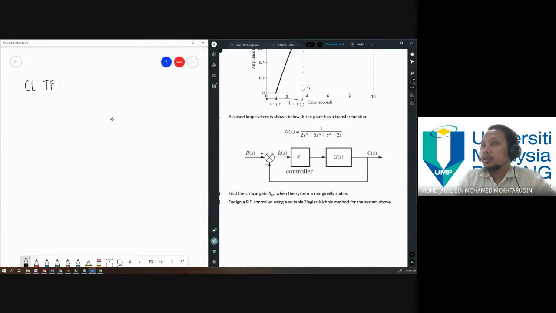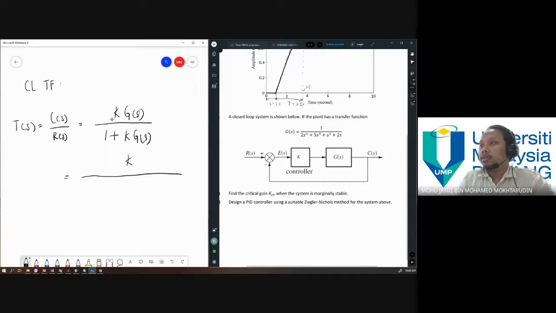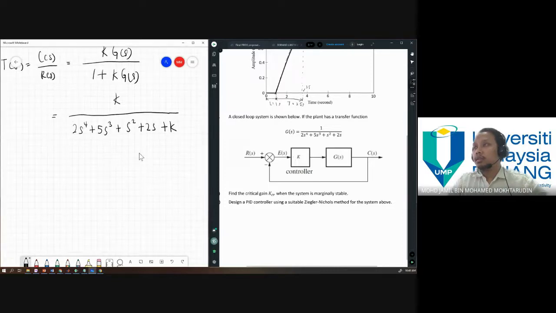Okay, so T(s) equals C(s) over R(s). So you get K times G over 1 plus K times G. And then substitute G and K. So you get K over 2s^4 plus 5s^3 plus s^2 plus 2s plus K. And then we can take the denominator.